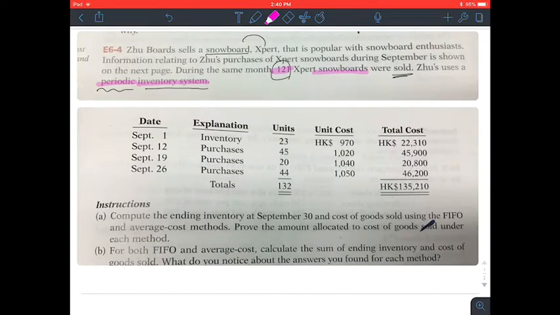On the next page we can see the beginning inventory amount here, and these three are the purchases, right? So the total is, this should be what?